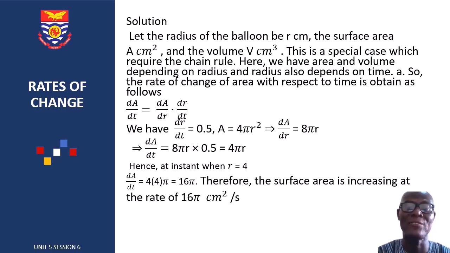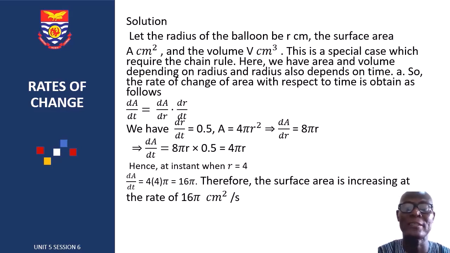In the question, we are given dr over dt to be 0.5. But for us to find dA over dr, we need the formula for the surface area of a sphere, which is A equals 4 pi r squared. Differentiating A with respect to r gives dA over dr equal to 8 pi r.